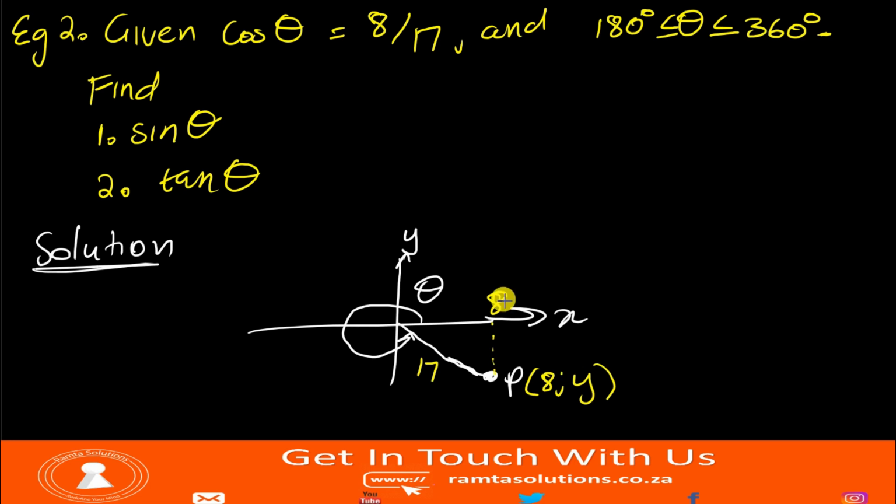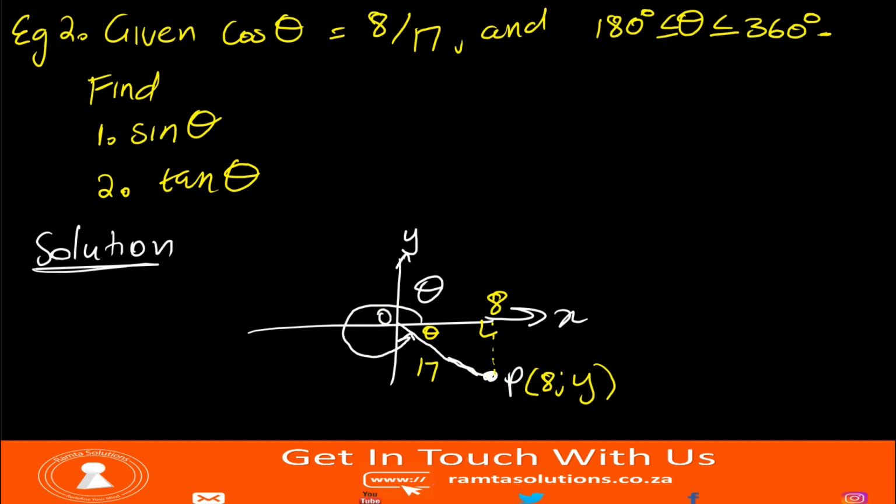Okay? Given it in this way, here is the point I'm looking at. Because cosine is adjacent over hypotenuse. So this is basically our theta here, our smaller theta, right? So now we can find the y. And my expectations are that this is in the fourth quadrant. As you can see, x values are positive, but y values must be negative. Therefore, let's do this.